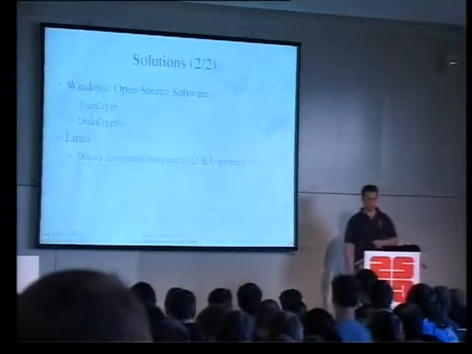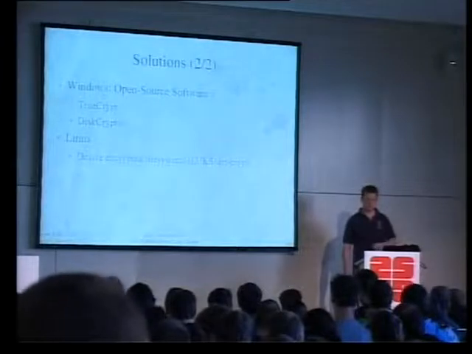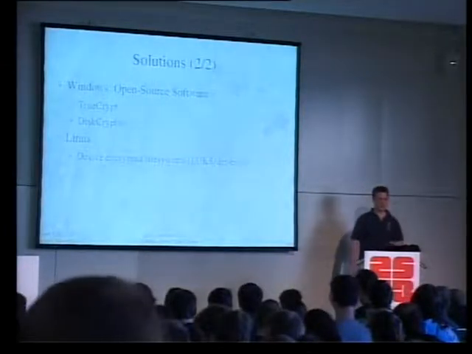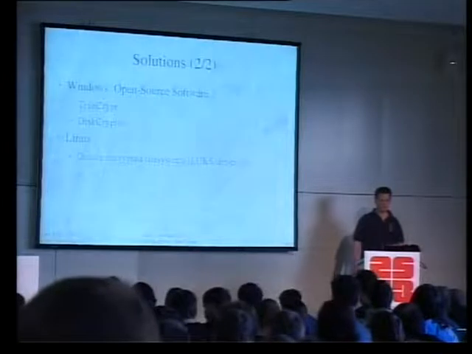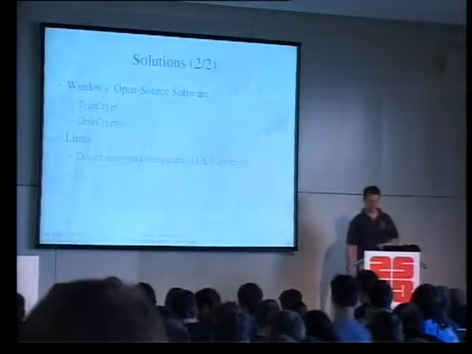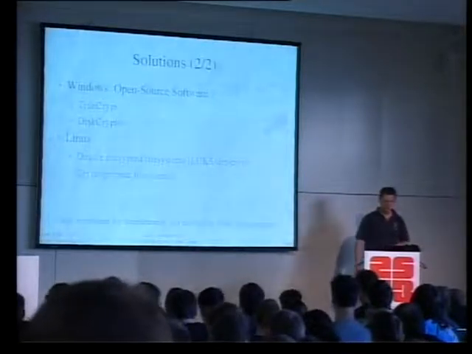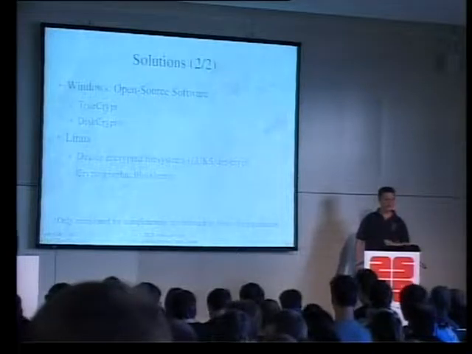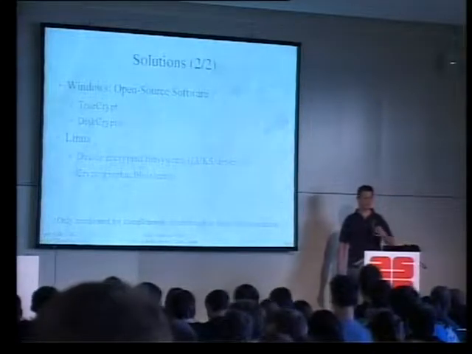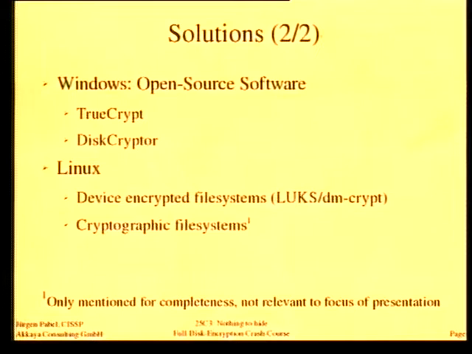It just defines the specification for the on-disk layout, and dm-crypt is the kernel driver glue that makes it all work. We have cryptographic file systems, where file systems themselves implement disk encryption, and we don't really want to look at these right now because they're standard file systems, so to say.